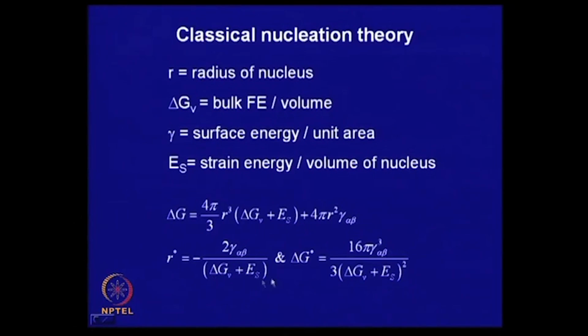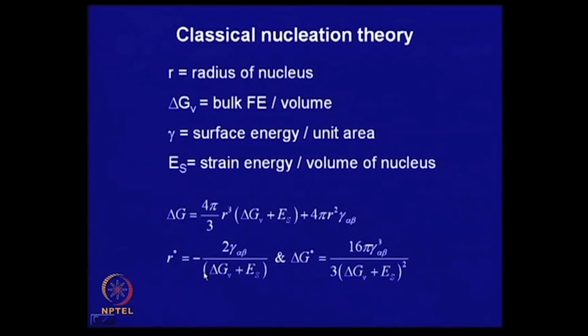Now, if you look at this critically, what is important to recognize is that this is negative and this is positive. So, what will happen to r star, that critical nucleus size, if the strain energy increases?